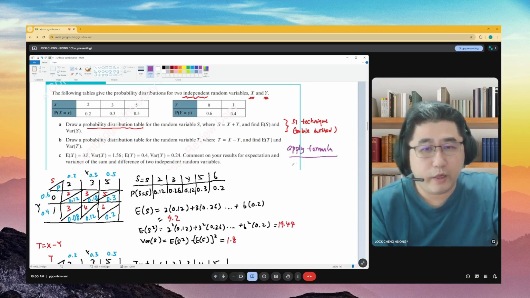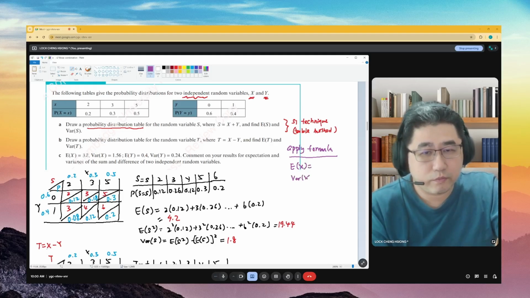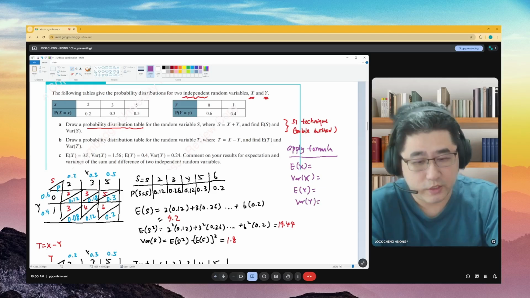To apply the formula, we will first need to get the values of E of X, variance of X, E of Y, and the variance of Y. This should be an easy calculation.